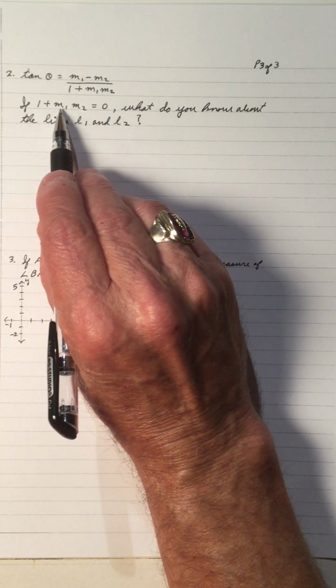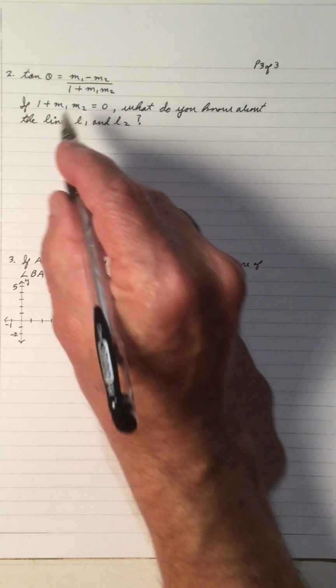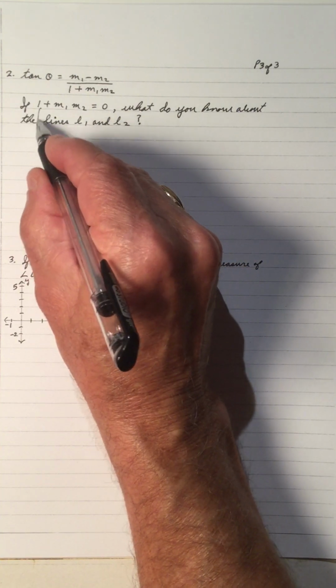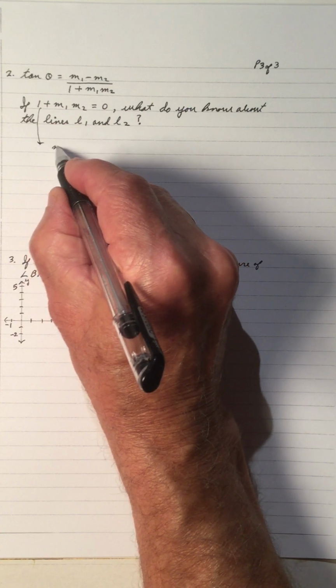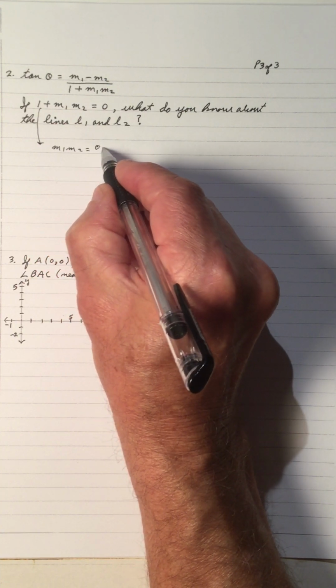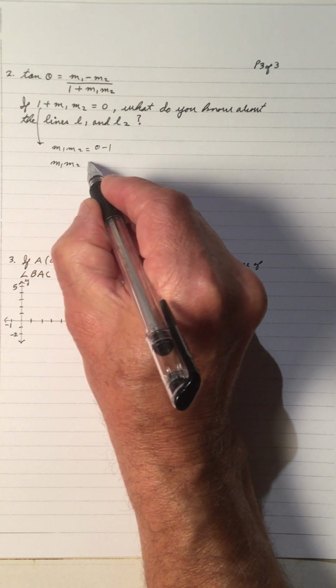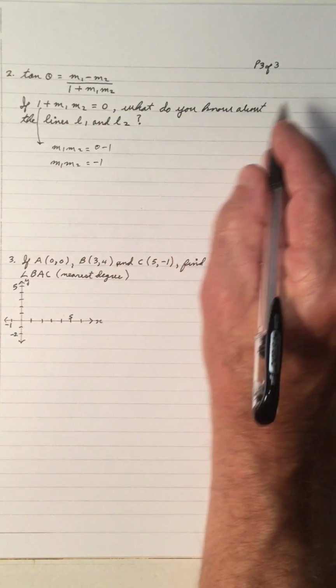L1 has a slope of M1, L2 has a slope of M2. So if we take 1 plus M1 M2 equals 0, that means M1 M2 is equal to 0 minus 1, so M1 M2 is equal to negative 1.